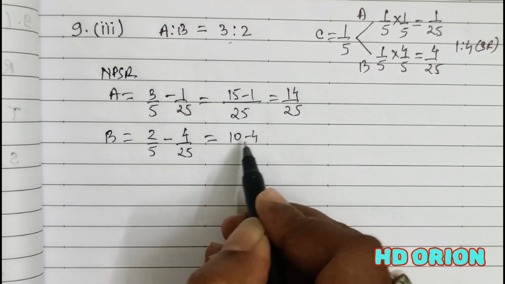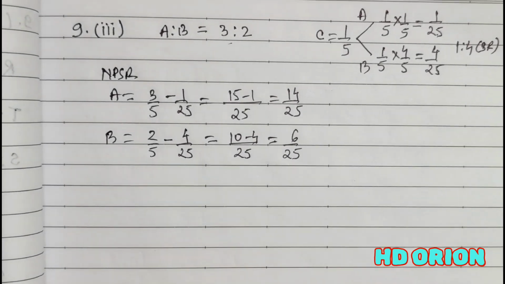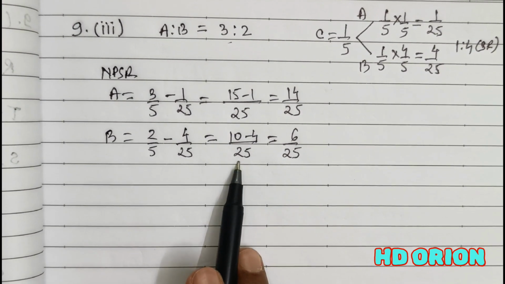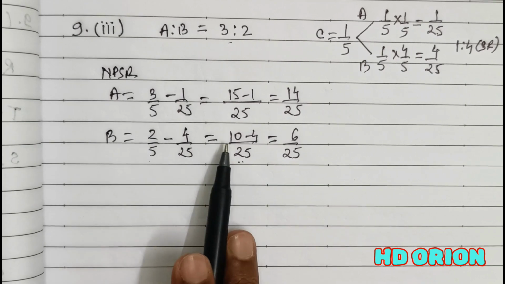So it is 10 minus 4 by 25, which is equal to 6 by 25. Fine. 25 is the LCM. 25 divided by 5 is 5, multiplied by 2 is 10.